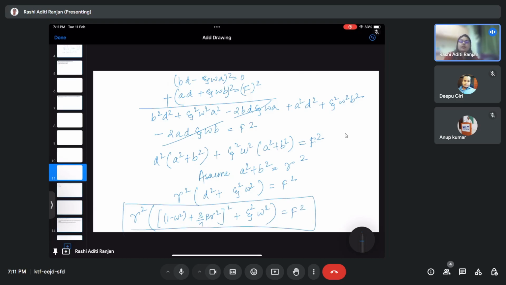Now I can select a value of omega or f, and I can now plot how my system is going to behave, right? And I can get a plot for gamma, right? Where gamma is nothing but my amplitude of oscillation.